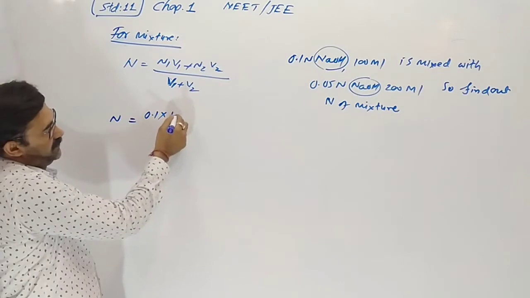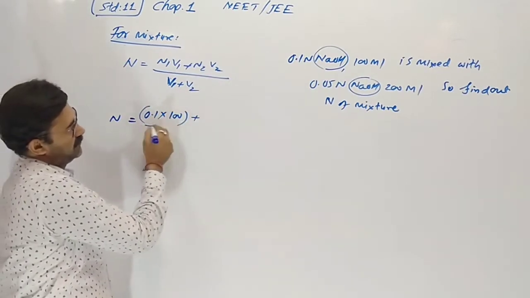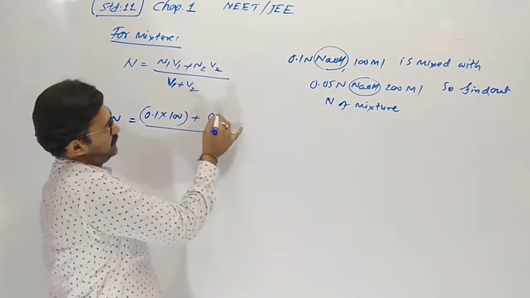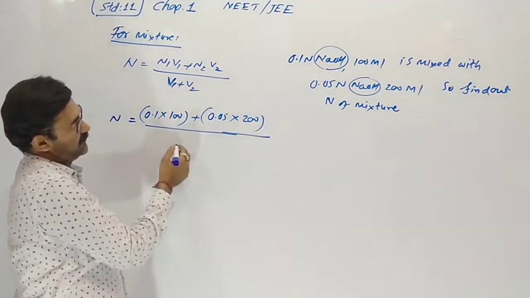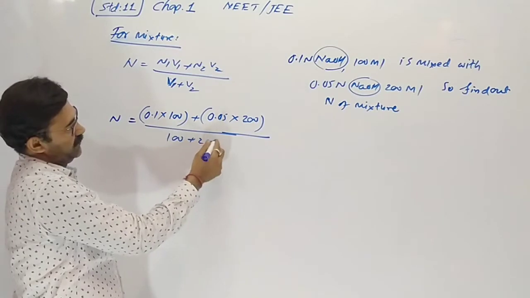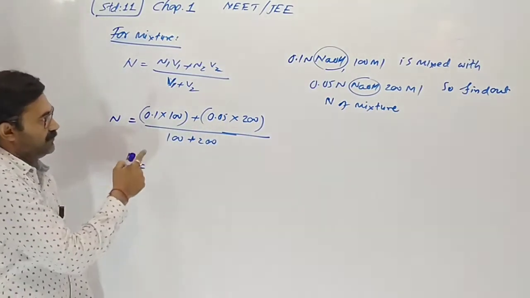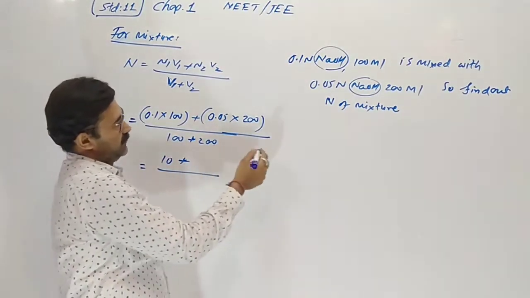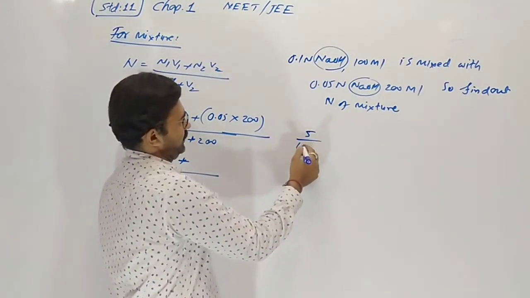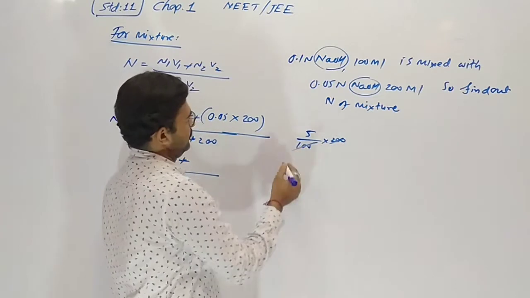0.1 into 100 ml plus 0.05 into 200 ml, divided by 100 plus 200. 0.1 into 100 means 10. 0.05 into 200 is 10 as well.